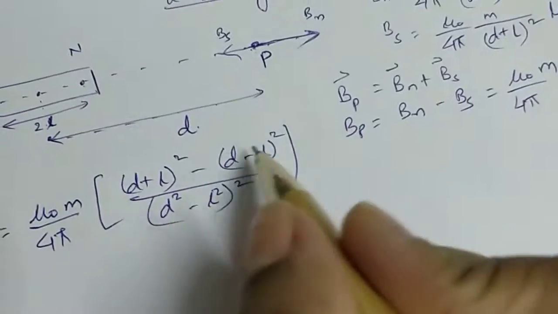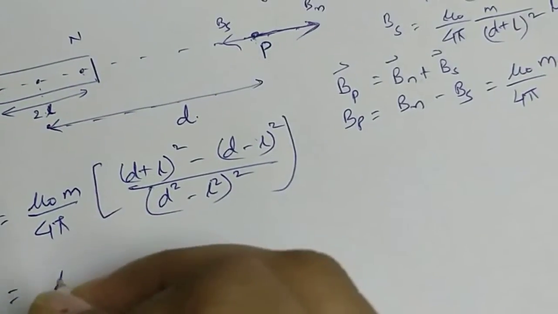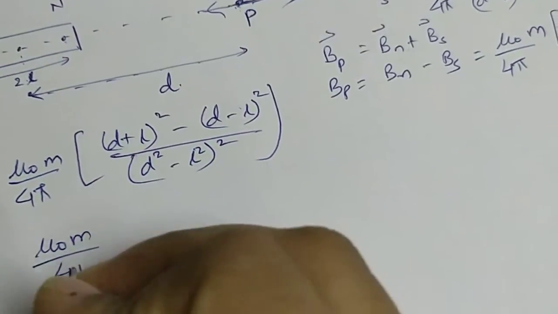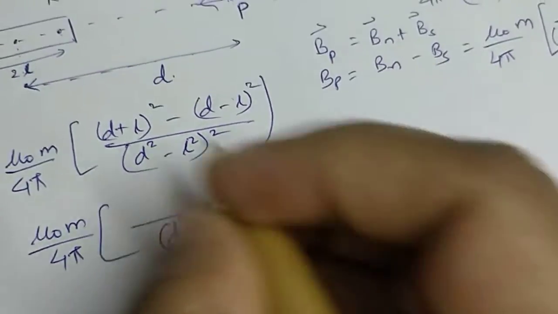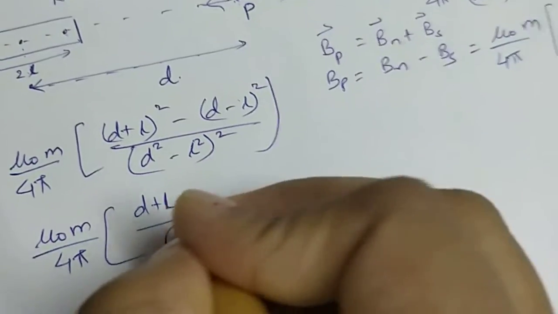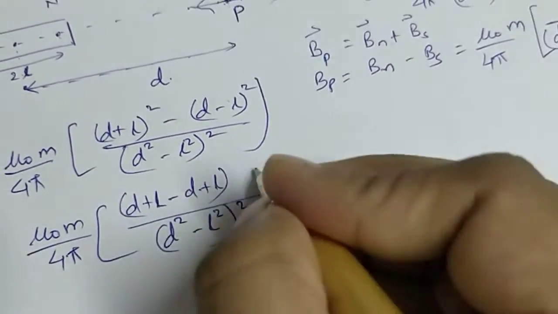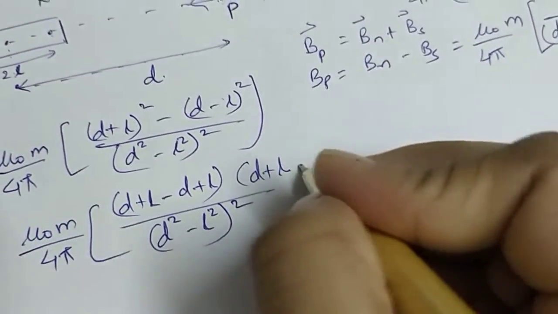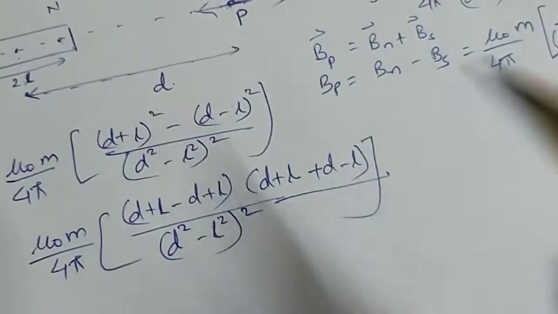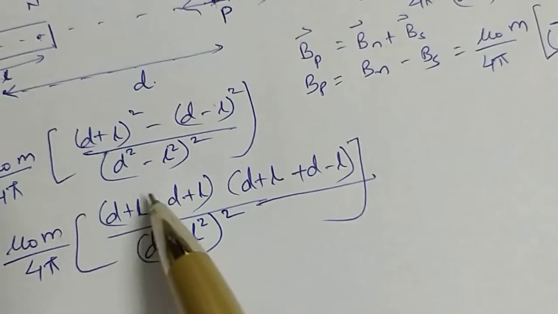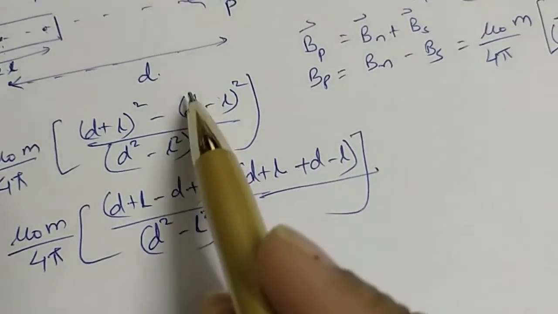This is an a square minus b square formula. So it will become mu naught m by 4 pi, over d square minus L square whole square, times d plus L minus d plus L, and then d plus L plus d minus L. Once I am adding and once I am subtracting.